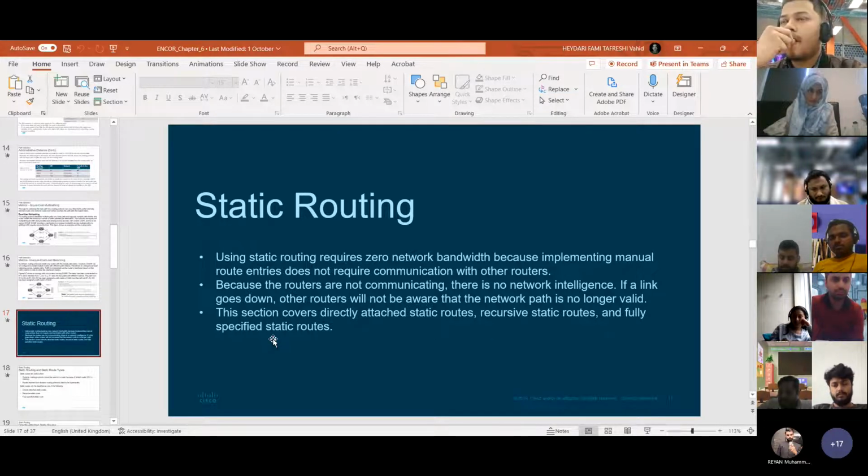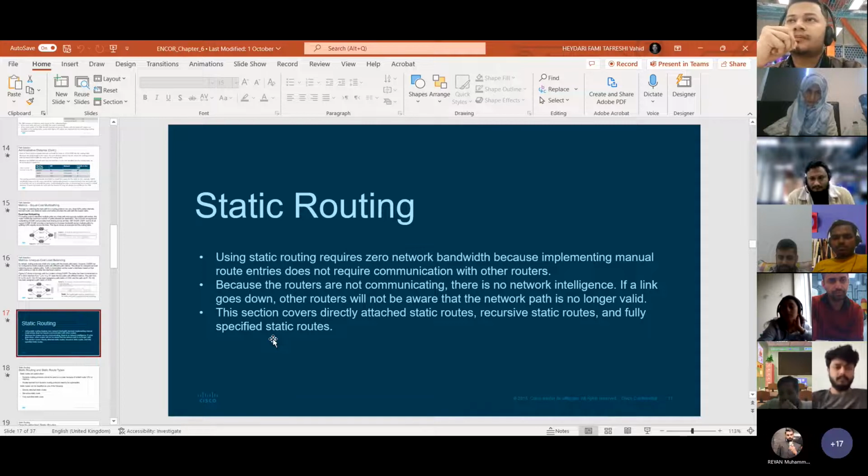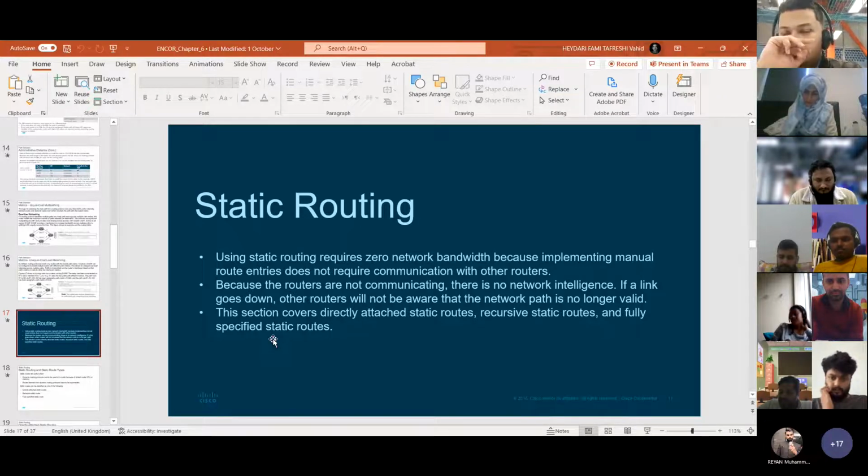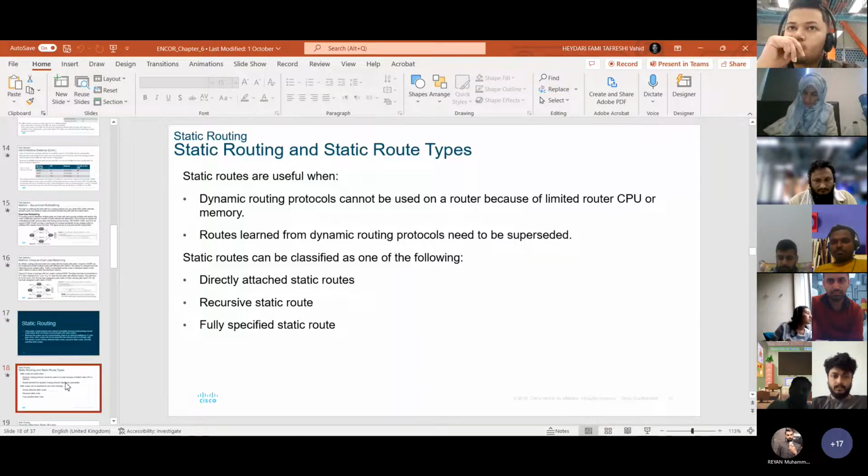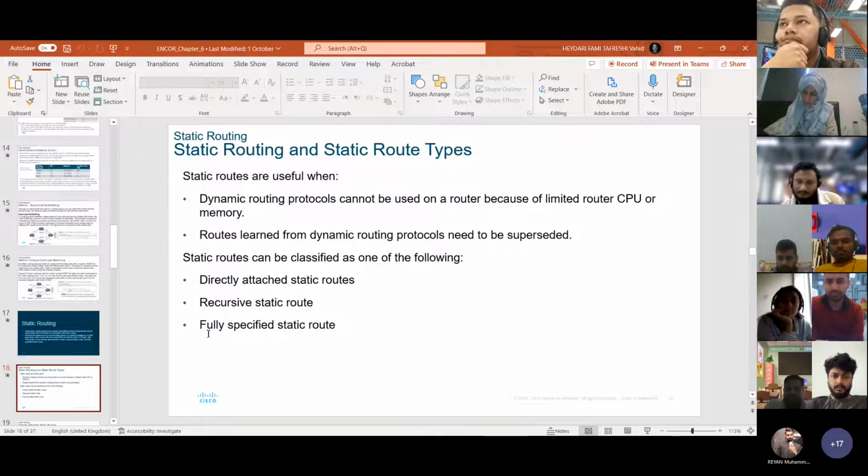That is the very famous example of a static route, but we're going to see different types of static routes as well. In addition to that, in this subsection, we're going to see directly attached static routes. We're going to see recursive static routes. Then we're going to see fully specified static routes, what they are, how they are similar or different. We have some scenarios where we don't use dynamic routing protocols like RIP, OSPF, ISIS, EIGRP, or BGP.